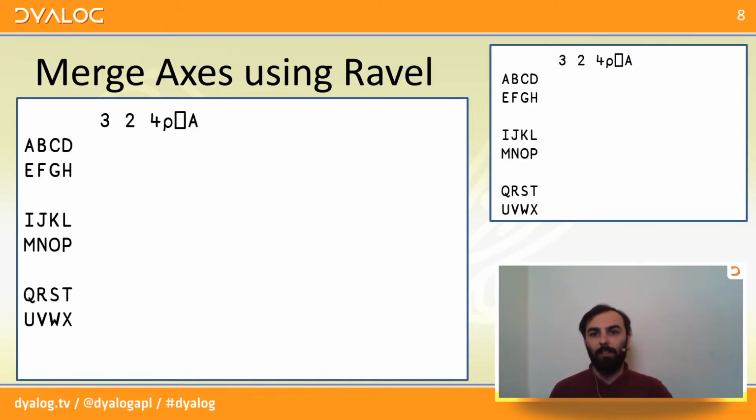The Ravel function takes all of your elements, some array, and lays them out into a single vector. You can also think of this as merging all of your axes into one single axis whose length is the product of the length of each of your individual axes.